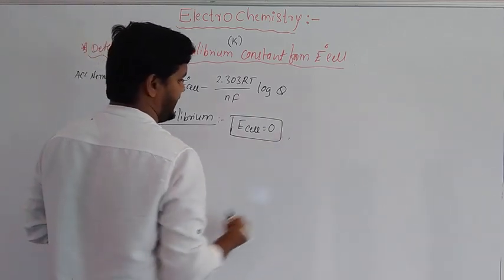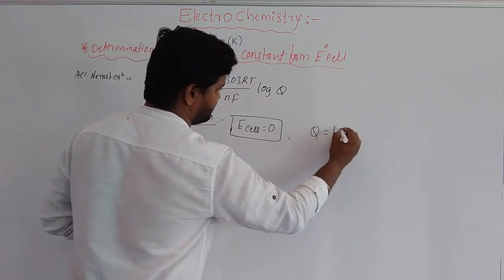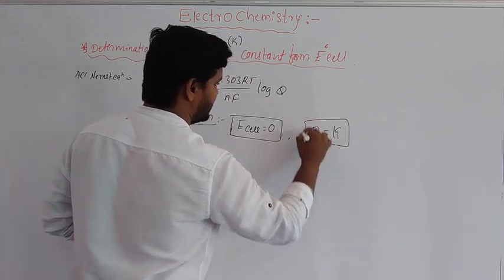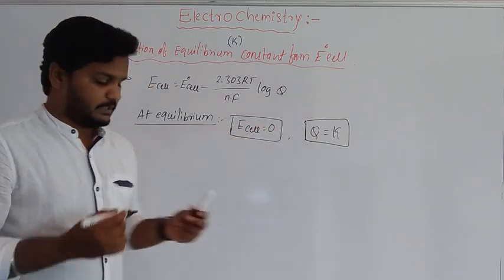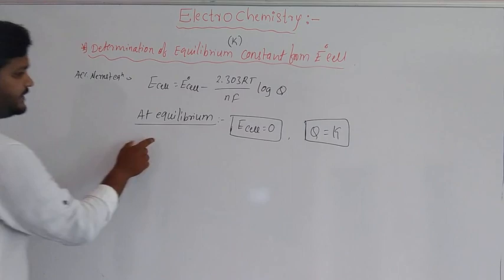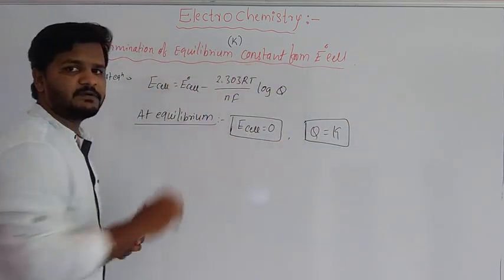And student, Q is equal to K. Here I am going to write K instead of Q. At equilibrium, E cell is equal to 0 and Q becomes K, where K is the equilibrium constant.